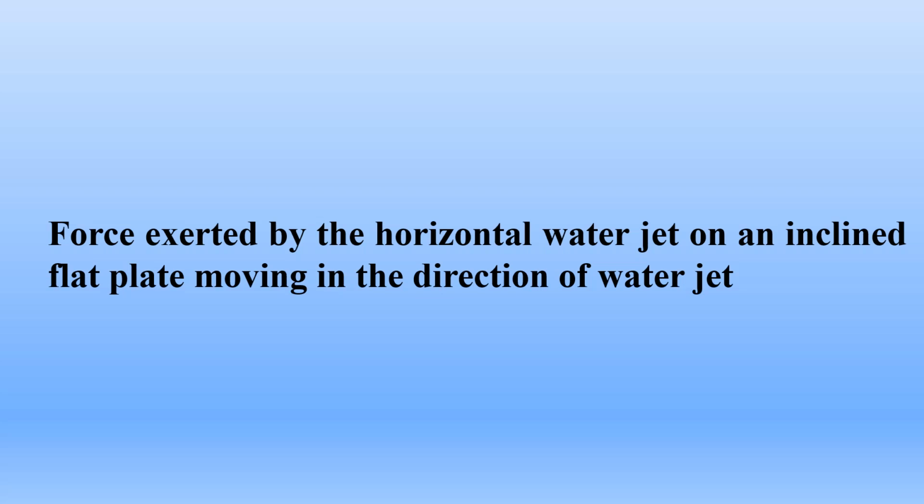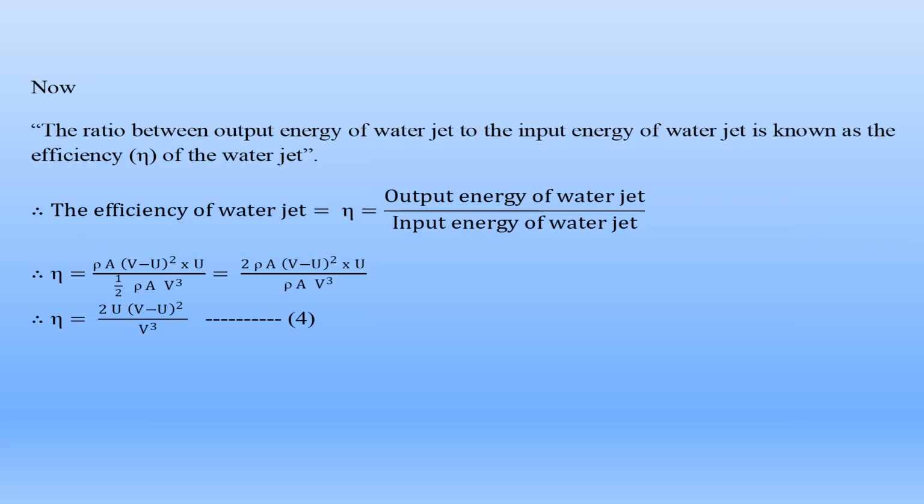Please look at equation 4. From equation 4, we can understand that if the absolute velocity of the water jet v is constant, the efficiency nu depends on the absolute velocity of the plate u.